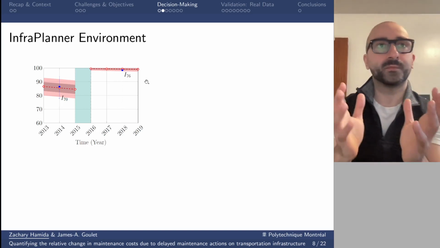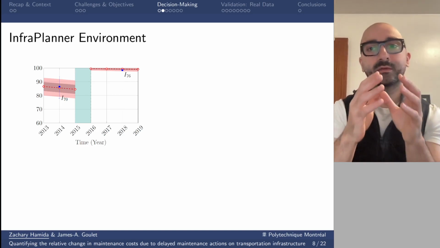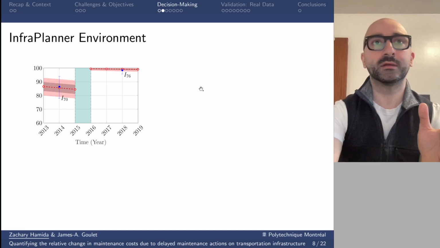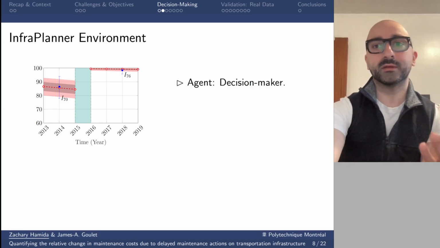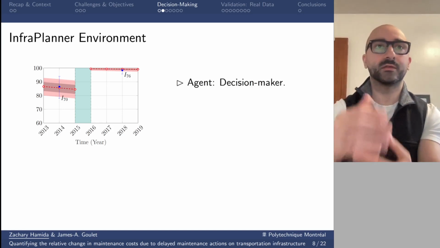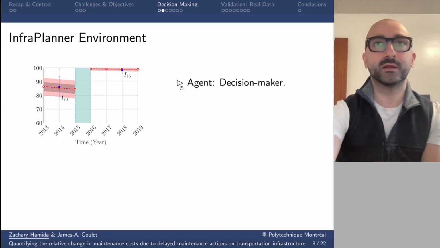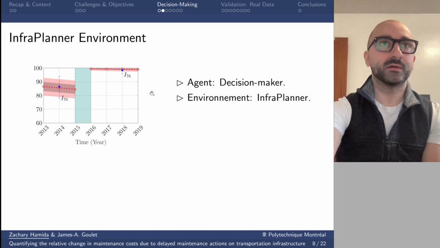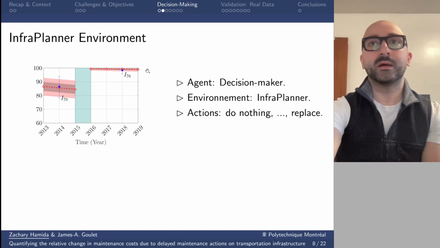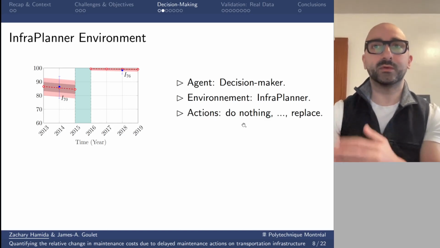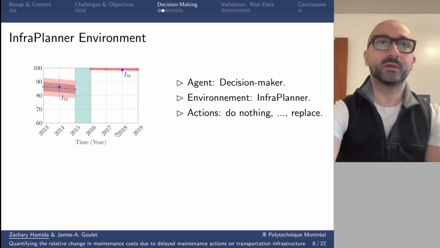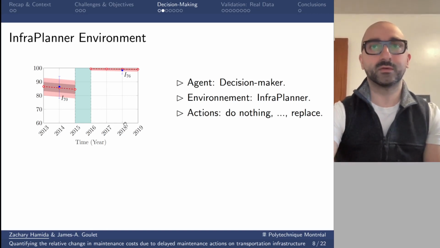So this resembles the environment where we have the agent as the decision maker who made the decision to intervene in the year 2016. The environment is the infra planner that we have here. The actions would be to do nothing. So for example, in 2014, we did nothing, 2017, we did nothing, and so on.